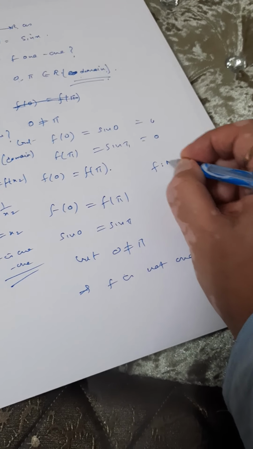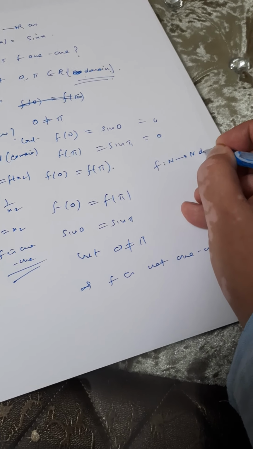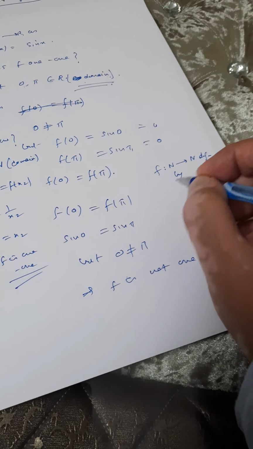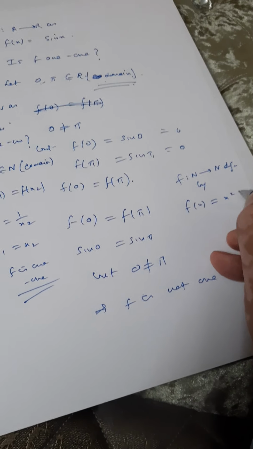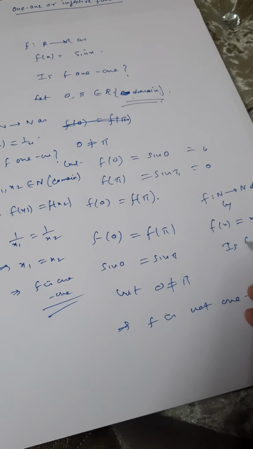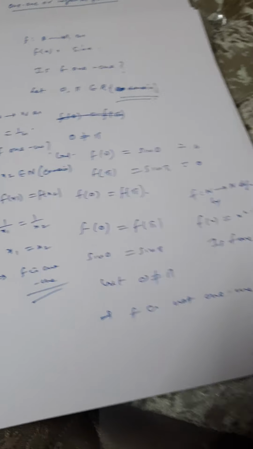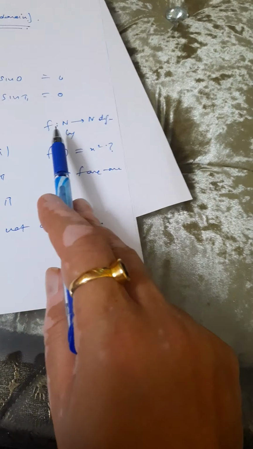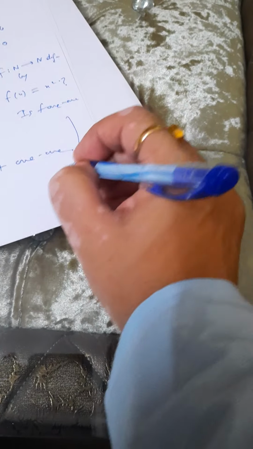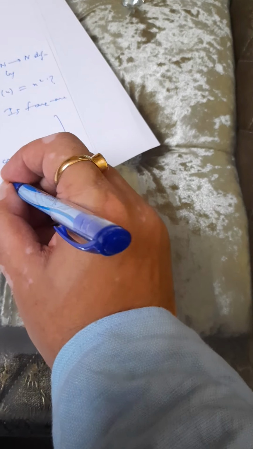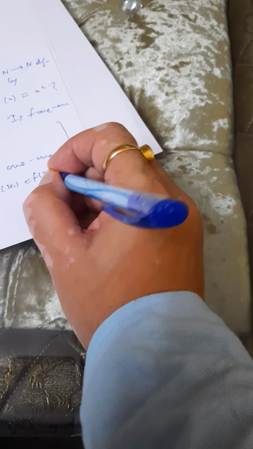Now take up the same question as f from N to N defined by f(x) equals x square. Is f 1-1? Answer is yes, because here we are from N to N. Now, if I take f of x1 equals f of x2, being in N, I can't take minus x2.